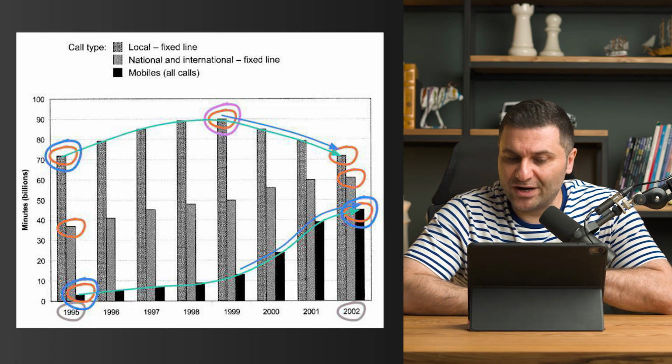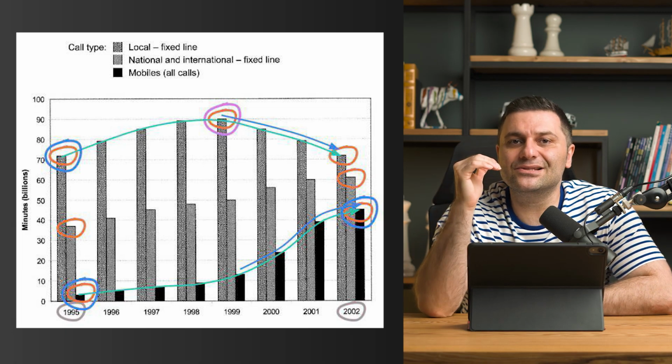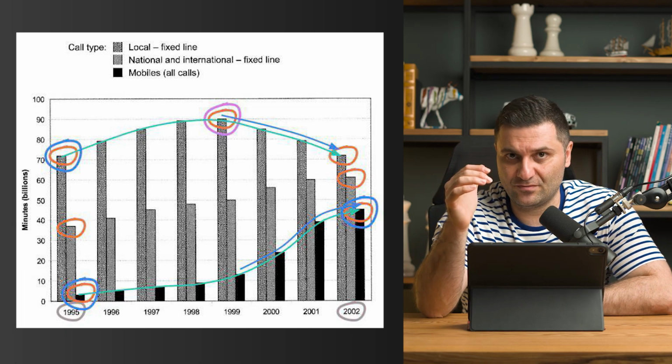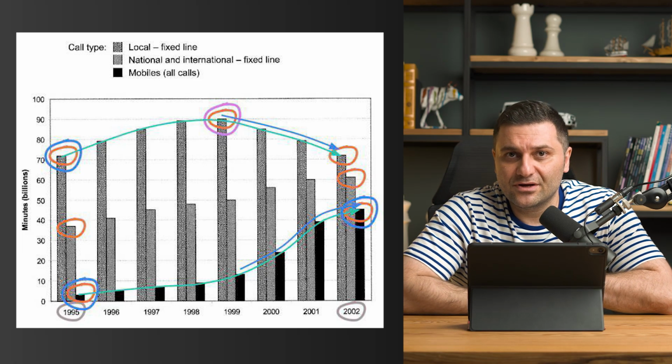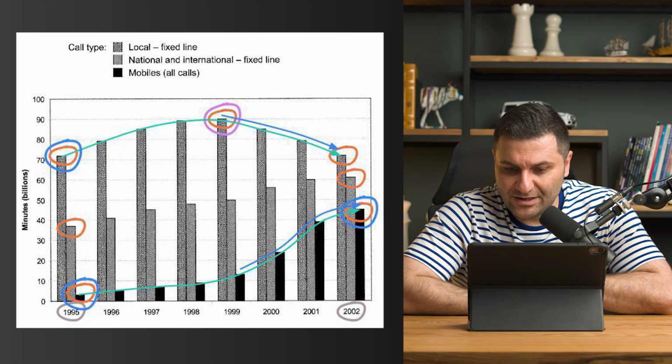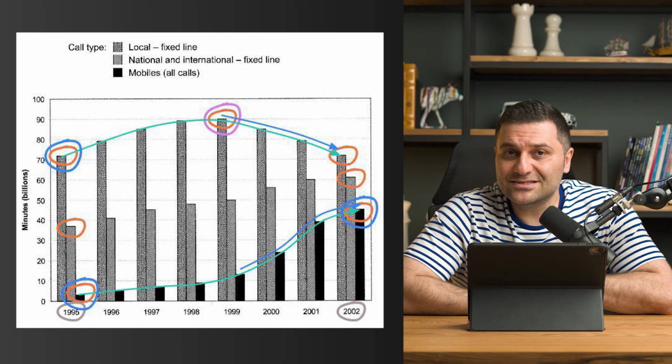The next one is highest and lowest points. As you see, those red circles show the highest and lowest points.